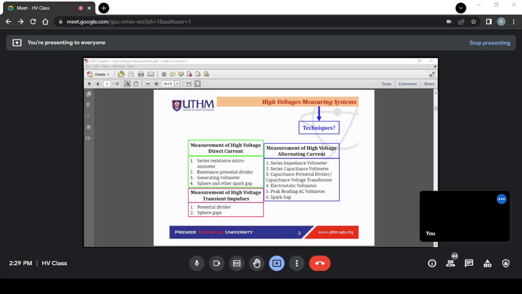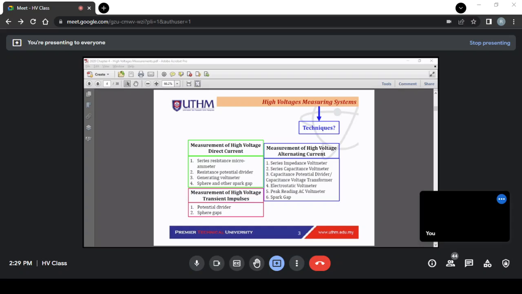The voltage transformer VT, or potential divider, or capacitance voltage divider, they are just the same. So if you can see here, we will have this voltage transformer at a substation.